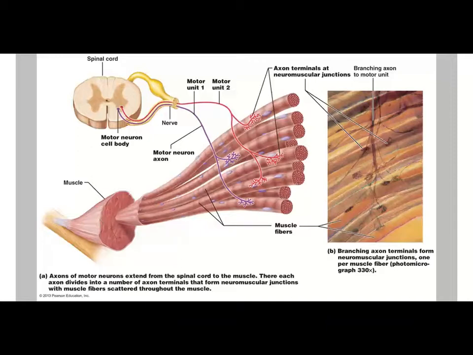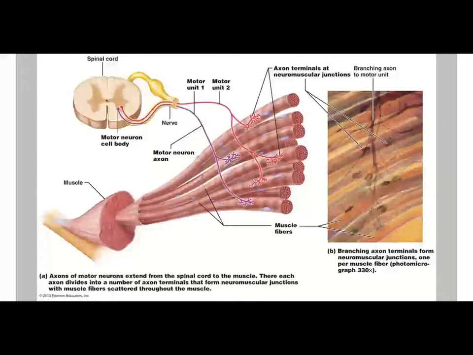Here we've got our muscle and we've cut it so that we can see inside, and we've pulled out individual muscle fibers, individual muscle cells. And this red line here represents a motor neuron, a neuron that is innervating some of those muscle cells. And then this purple one is another motor neuron, and it is innervating some different muscle cells.